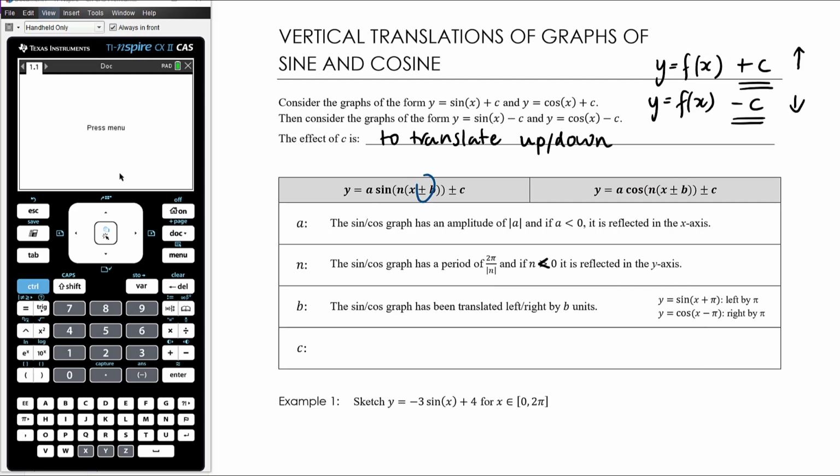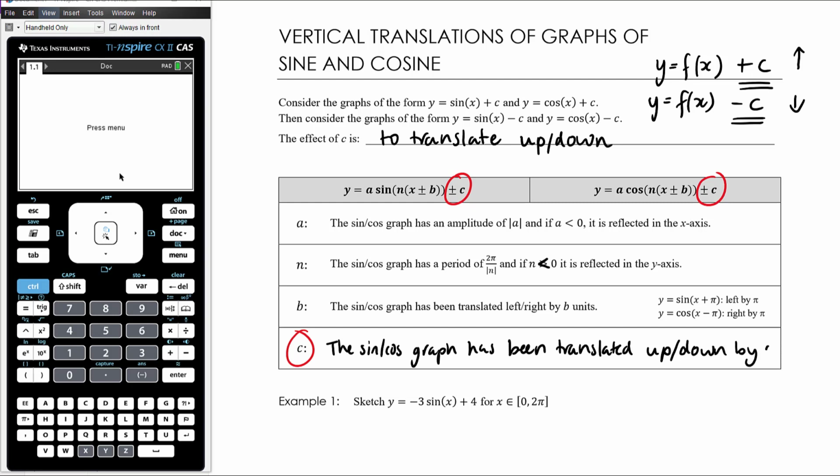We've got plus or minus b inside the sine or cos curve. So that's the translation to the left or right. Remembering that adding a value within the function moves it to the left, subtracting a value moves it to the right. And finally, today we're adding in plus or minus c on the end, which is going to mean the sine or cos graph has been translated up or down by c units.